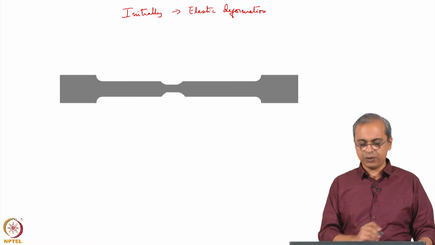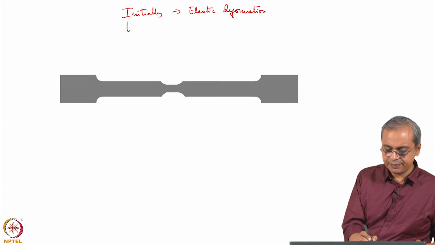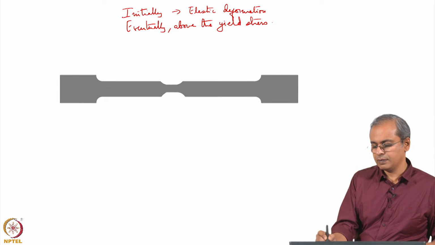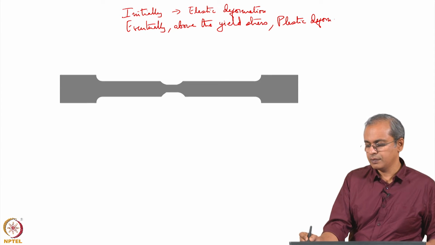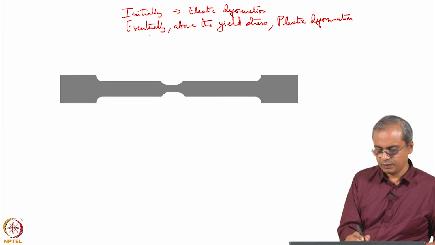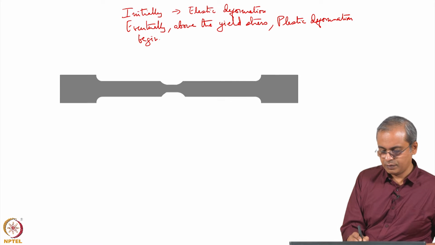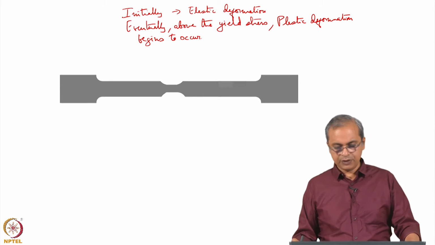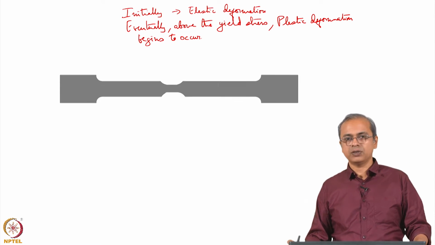When you remove the load, you get back your original dimensions, and then eventually once you cross the yield stress, plastic deformation begins to occur. Okay, so this is what we would typically see. Eventually once you cross the yield stress, plastic deformation begins to occur.